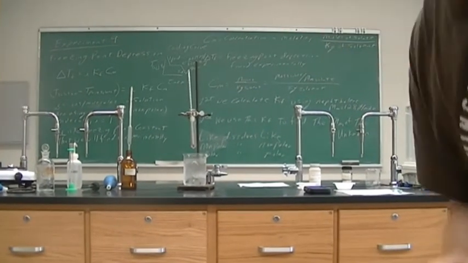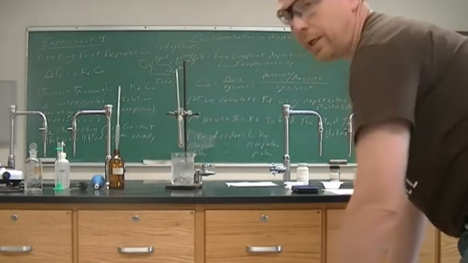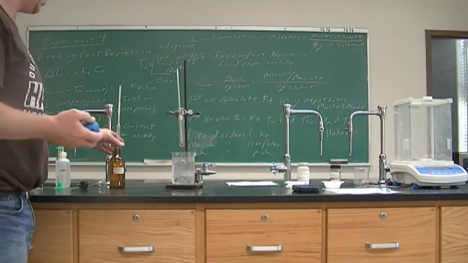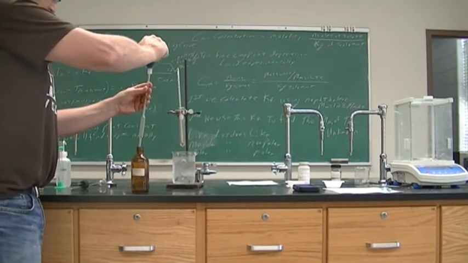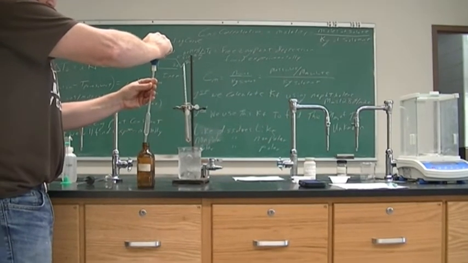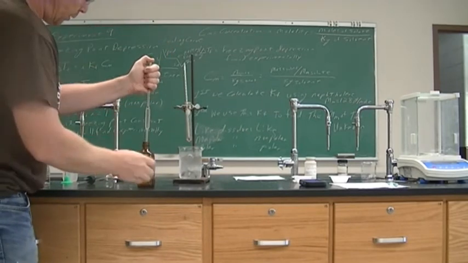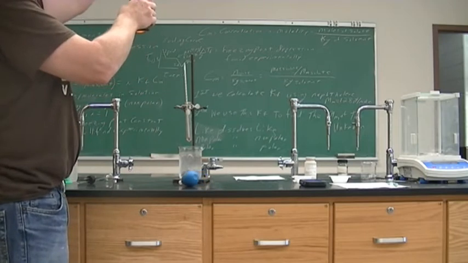All right, let's get started. The first thing we have to do is to pipette 10 mils of cyclohexane into our test tube. You get it up over the mark.